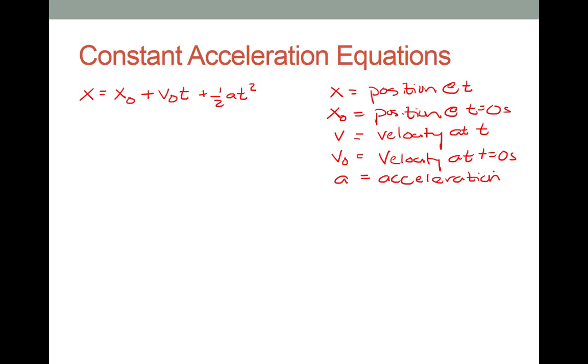Okay, if you look at this equation and you ignore the 1/2 at squared portion of the equation, so ignore that last term for a minute, and then rearrange it. Maybe you need to do it on paper, maybe you can do it in your head.